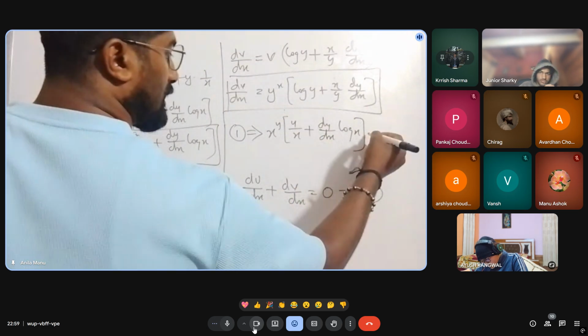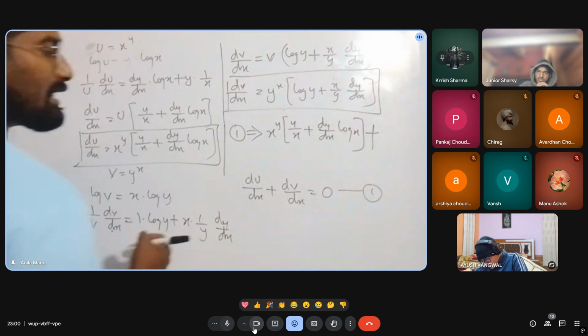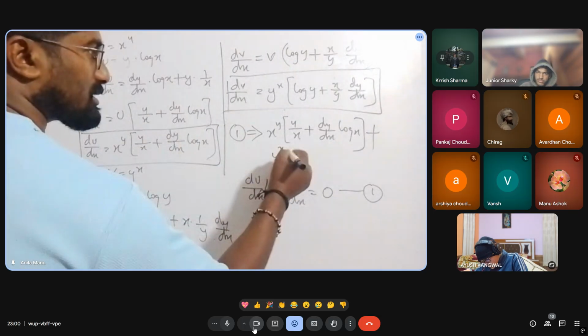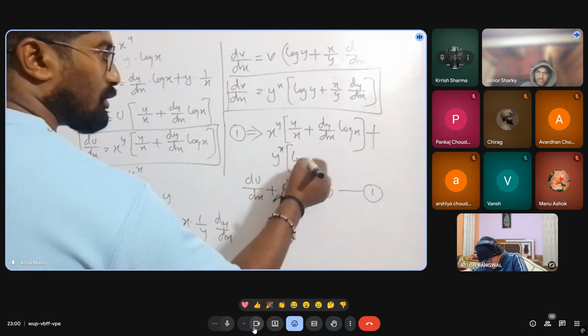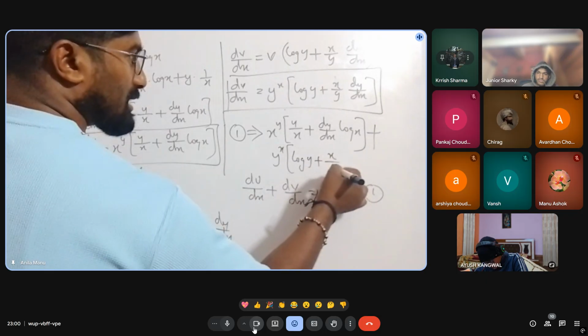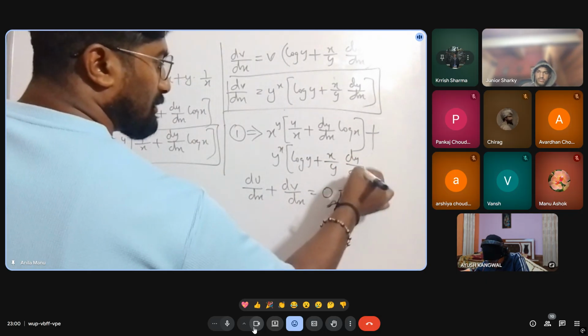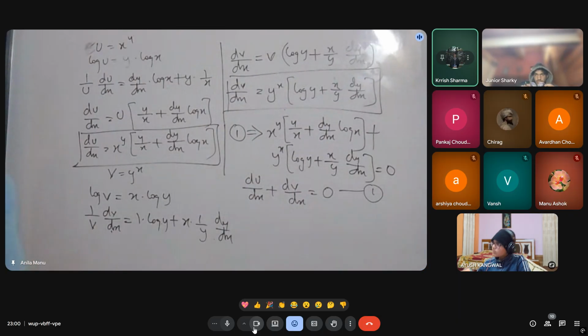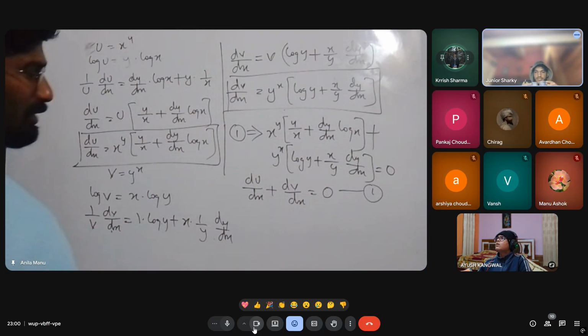Then plus dv by dx, which is this one: y raised to x into log y plus x by y dy by dx. That is equal to 0. Is it clear, all of you?